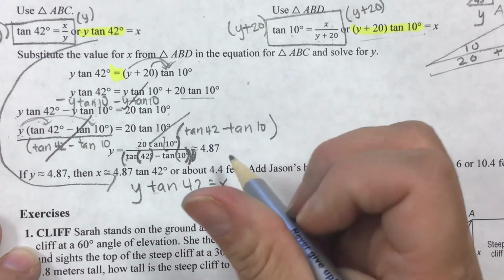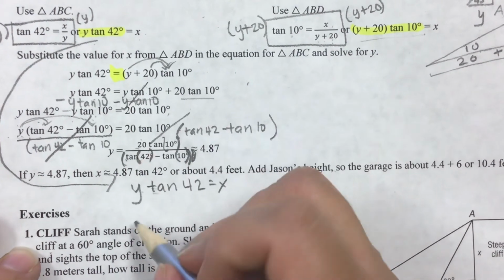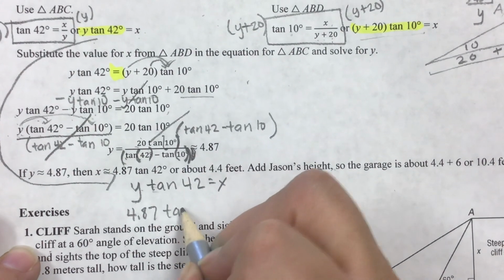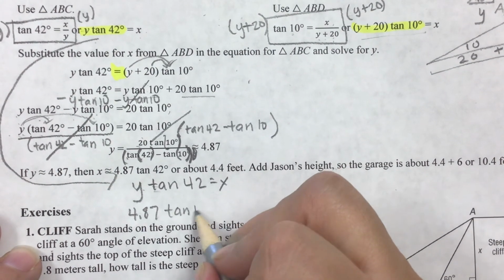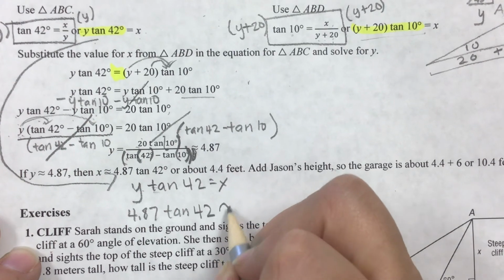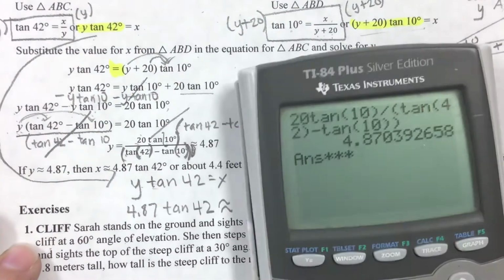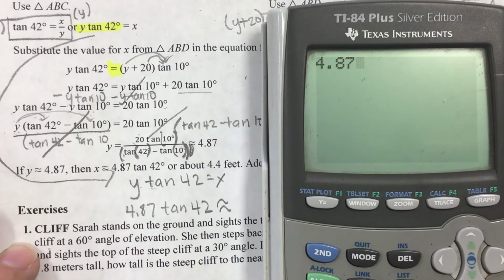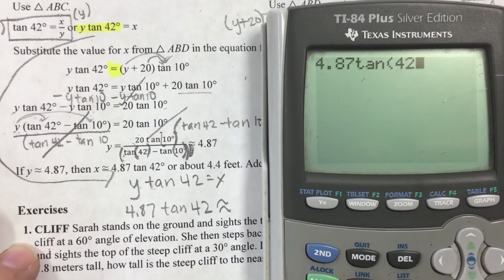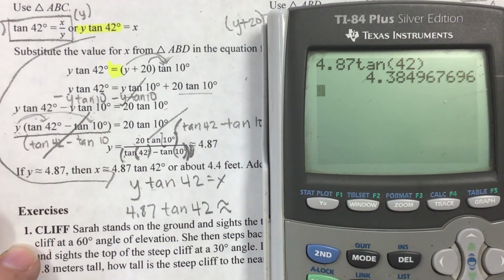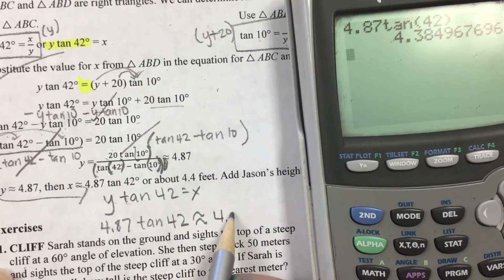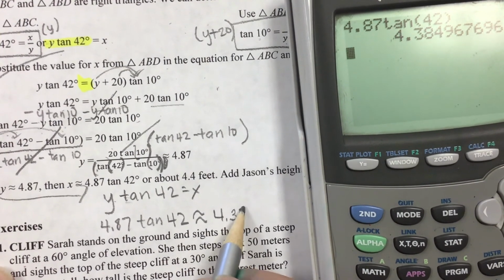And we need x, but we already have the value of y, so we're going to substitute that in. 4.87 tangent of 42. And that's going to equal our x value. So 4.87 tangent of 42, close those parentheses, equals 4.38.